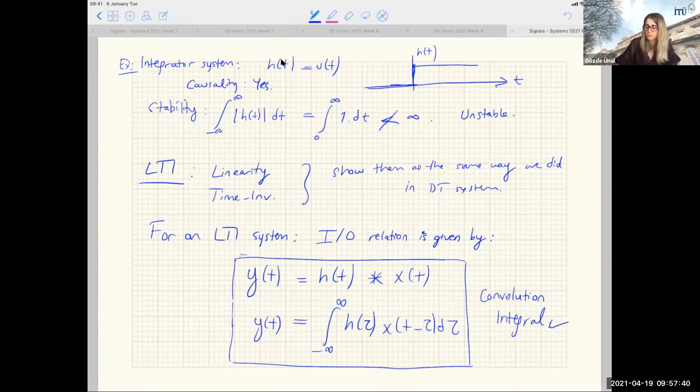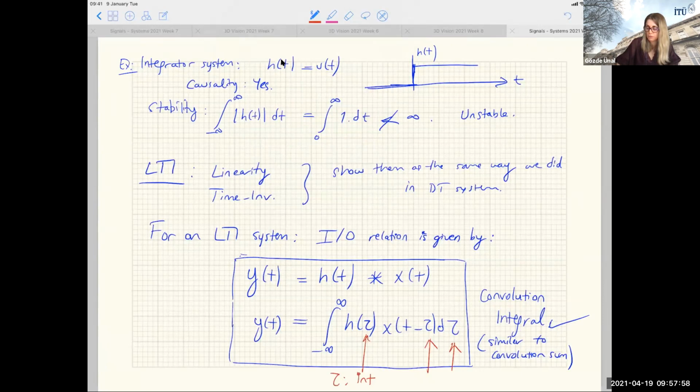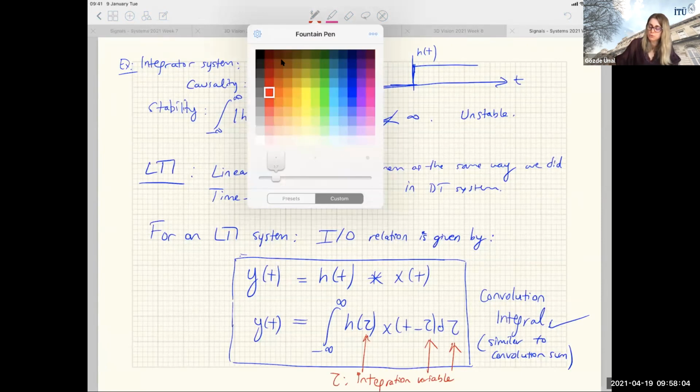I mean, similar to the convolution sum. And this tau is the integration variable. Don't get confused. And you remember the convolution sum, right?